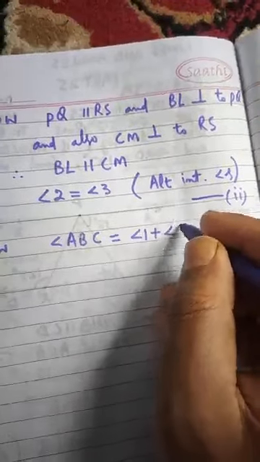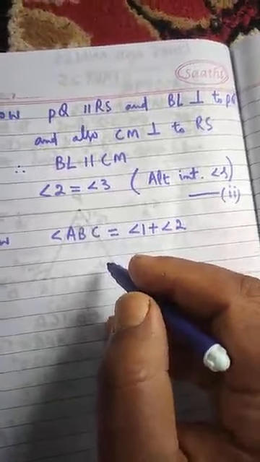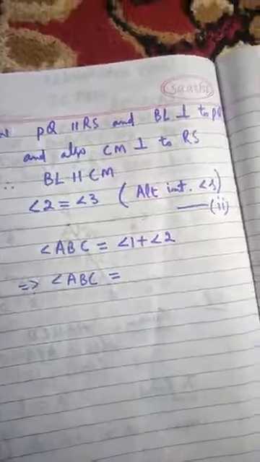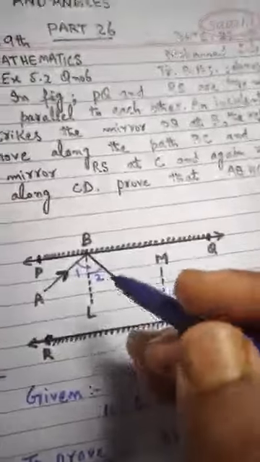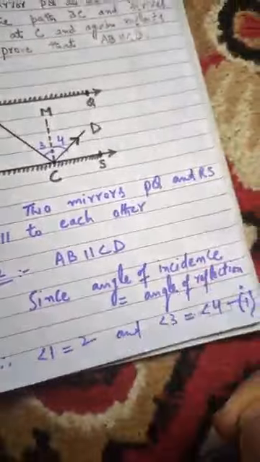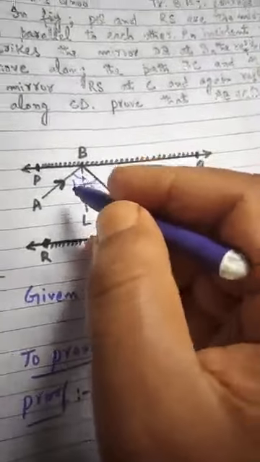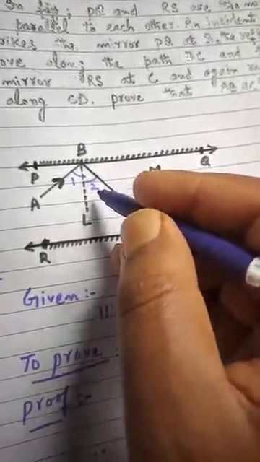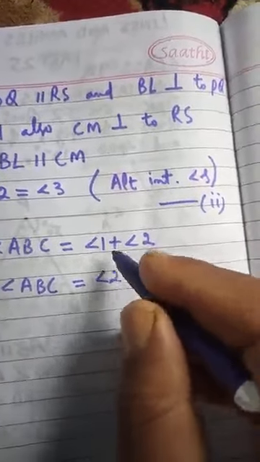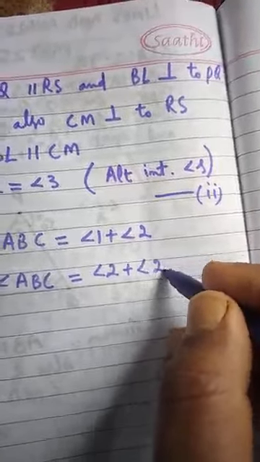Since angle 1 is equal to angle 2, instead of angle 1 we can write angle 2, plus its own angle 2.